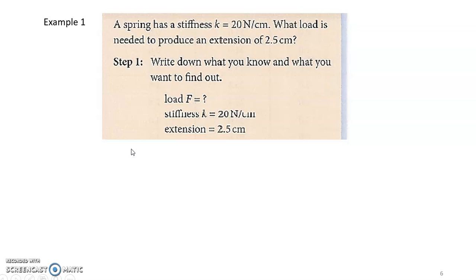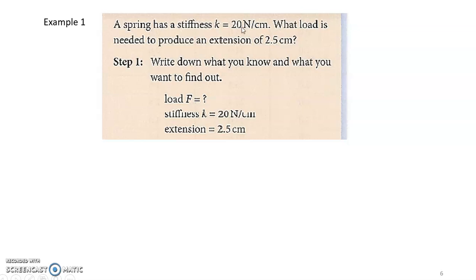Let us look at one example, one question. We have a spring that has a stiffness k, the spring constant, equal to 20 Newton per centimeter. So here the unit for k is Newton per centimeter. What load is needed to produce an extension of 2.5 centimeter?